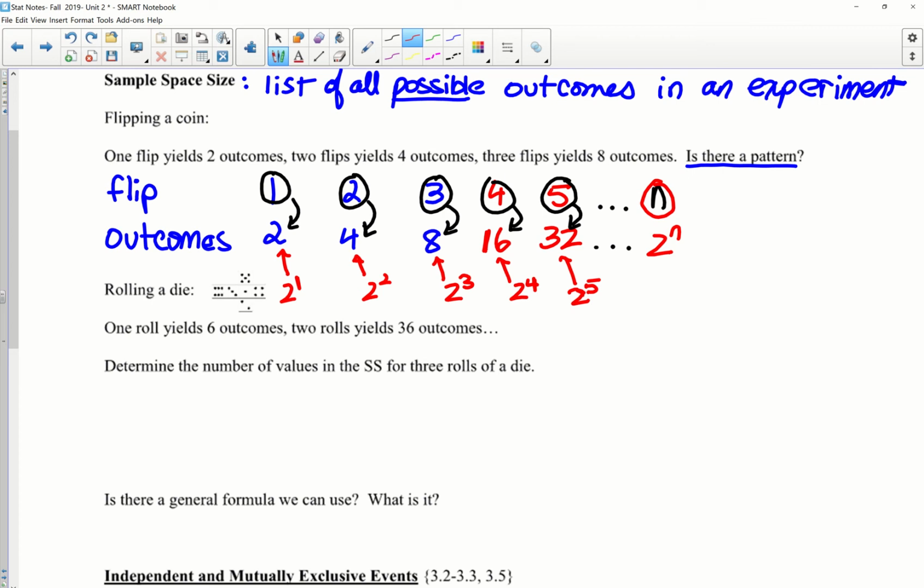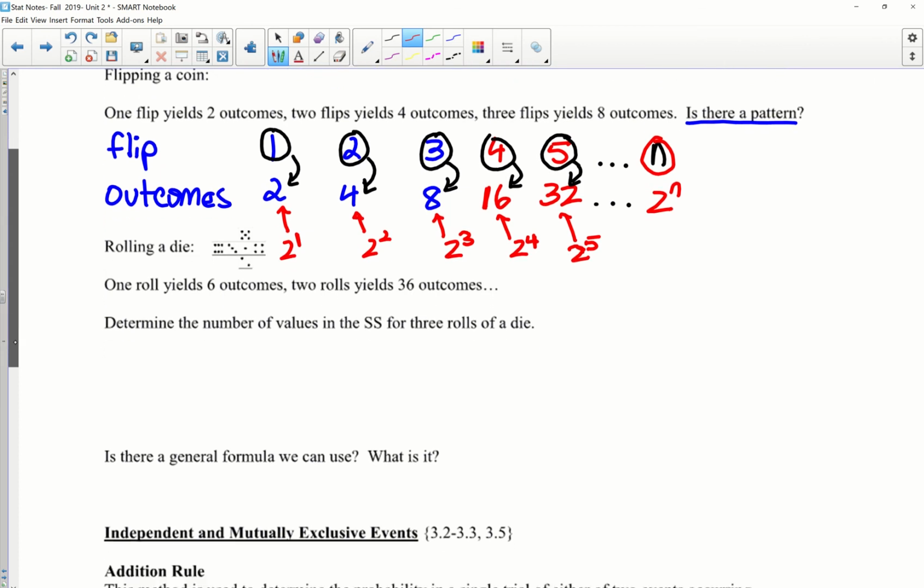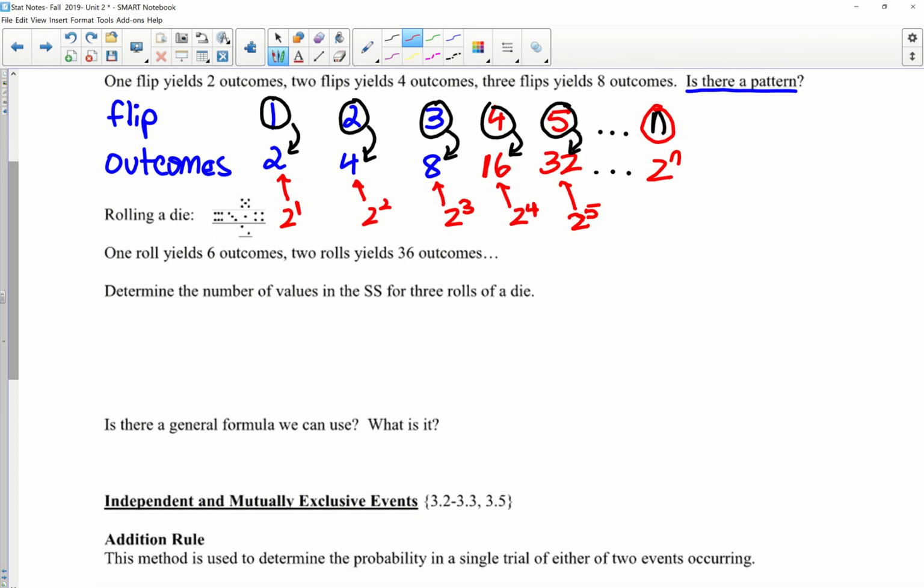So if the 2 to the nth doesn't make too much sense to you, then write it in real terms. Write it in a way that you would understand. Down here we're going to talk about a general formula, but I can kind of steal my own thunder.